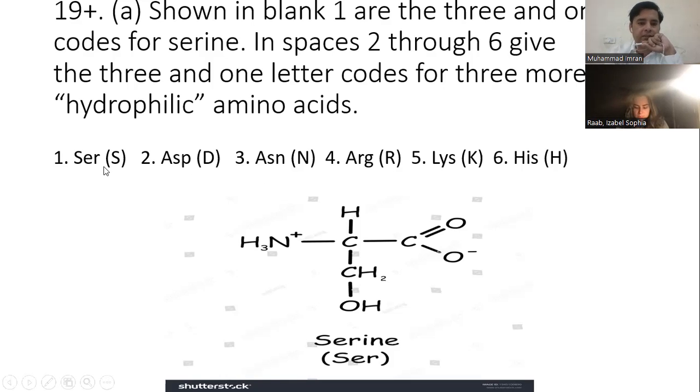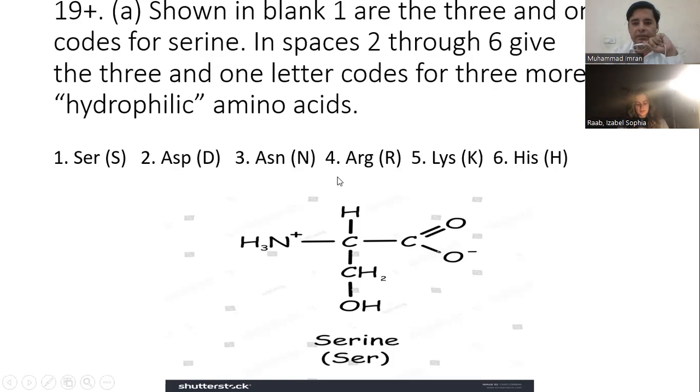So serine, this is the structure of serine, which has a CH2OH group on its side chain. All amino acids have this same structure: carboxylic group, amino group, hydrogen. These three groups are common in all amino acids. Only the side chain changes. For example, aspartic acid, represented as D, has CH2 and a carboxylic group.